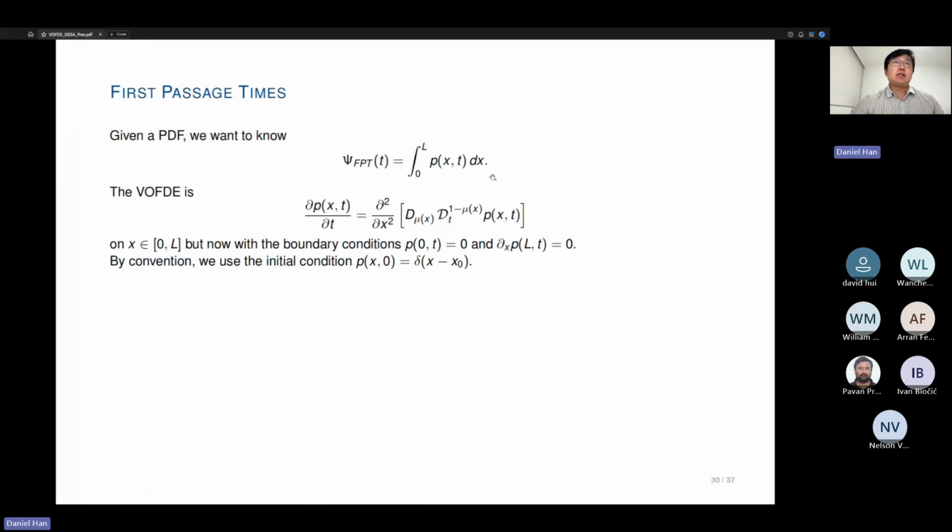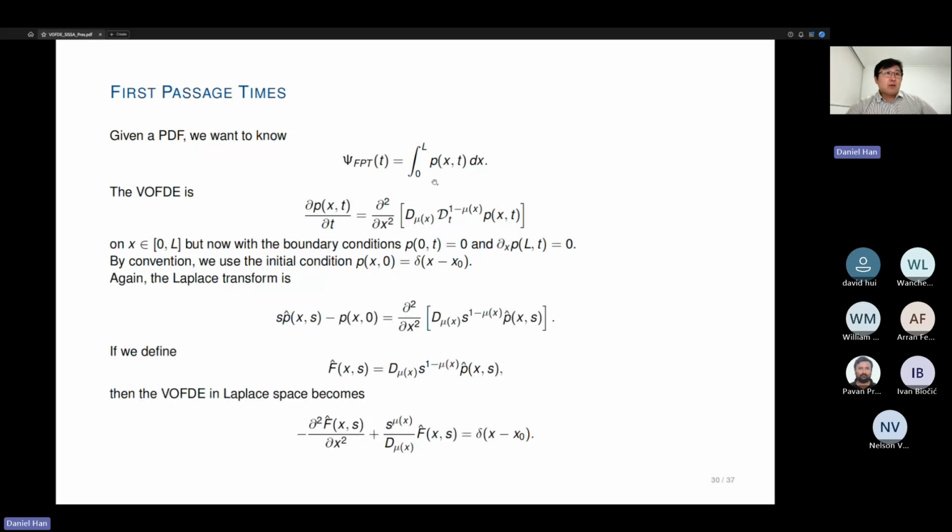And that's basically just the integral of your probability density over your entire domain, 0 to L. And our probability density is now governed by my variable order fractional diffusion equation, which you see here, on the interval 0 to L, but now I modify my boundary conditions such that I have an absorbing boundary at x equals 0 and a reflecting boundary at x equals L. And just for ease of notation, we are going to use the initial condition delta function beginning somewhere at x0, where x0 is a value between 0 and L.